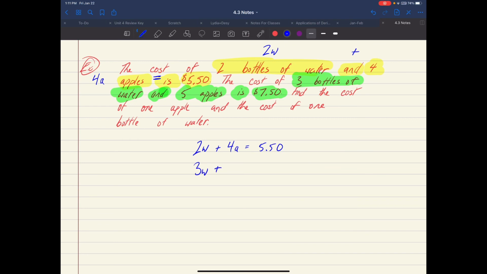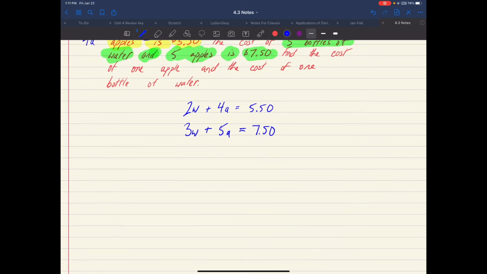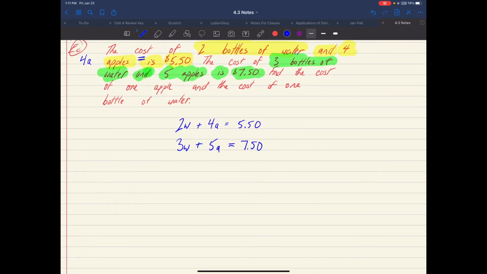And is my plus sign. 5A for apples is $7.50. So now I have this system. Notice that it says find the cost of 1 apple and 1 bottle of water. So we just solve for W and A.